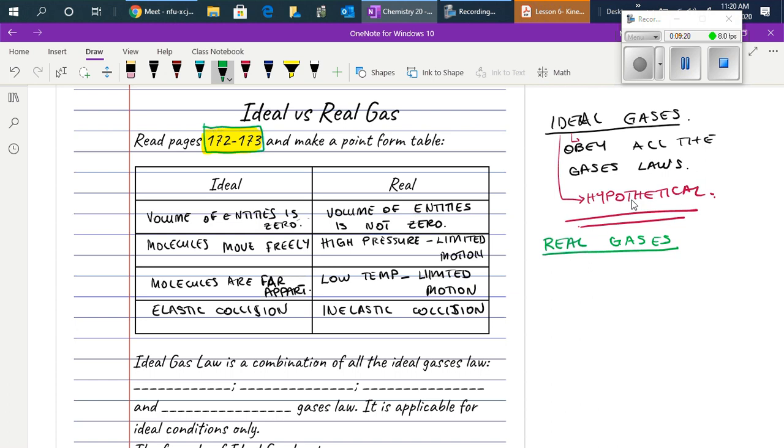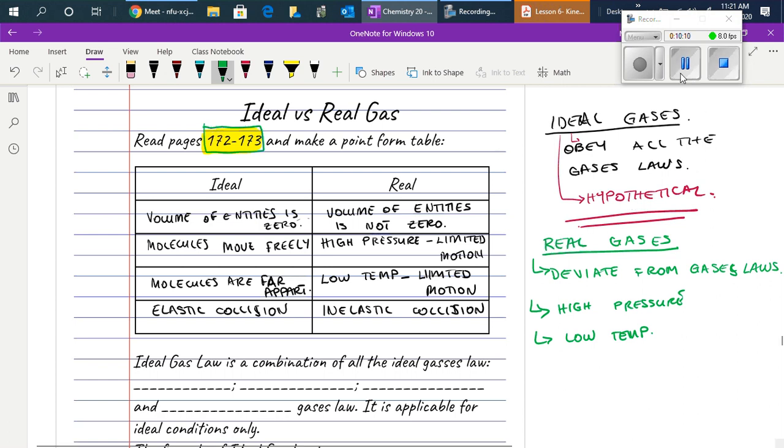So the real gases, on the other hand, deviate from the gas laws under certain conditions like high pressure and low temperature, where we see that the density of the molecules of the real gases is something we have to take into consideration.